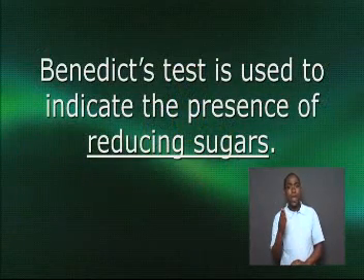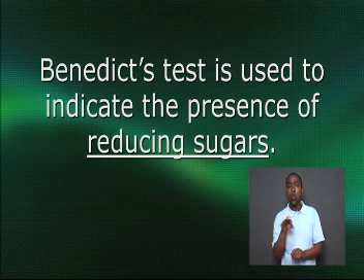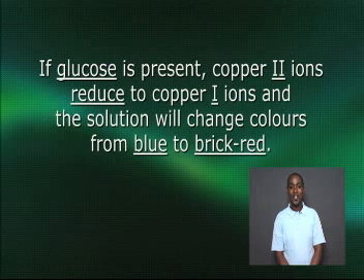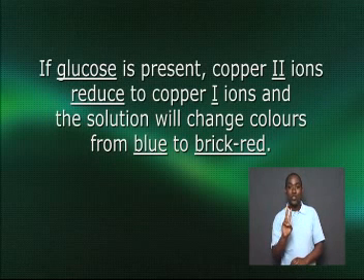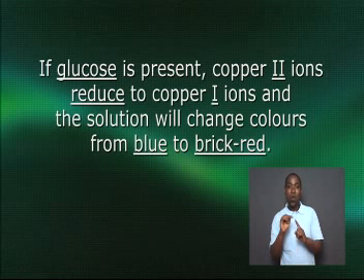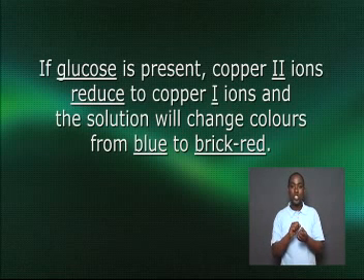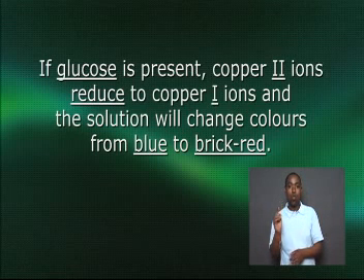Hello once again. Shall we review the answers together? Benedict's test is used to indicate the presence of reducing sugars. If glucose is present, copper-2 ions reduce to copper-1 ions, and the solution will change colors from blue to brick red.